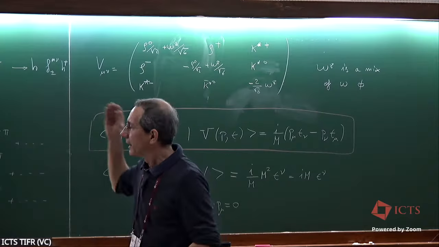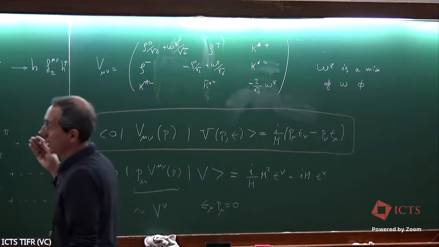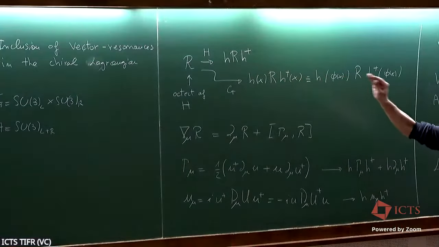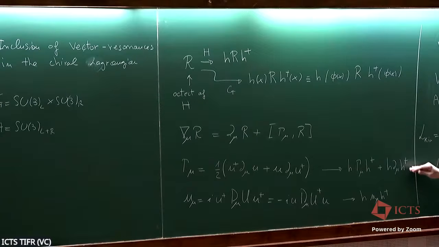You define the transformation property of whatever you want under H. This is the only thing you know from nature. And then you couple in all the possible ways using essentially two big tools: the connection and this term which transforms as the axial current.